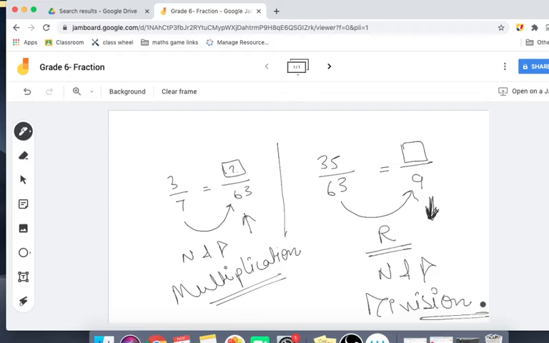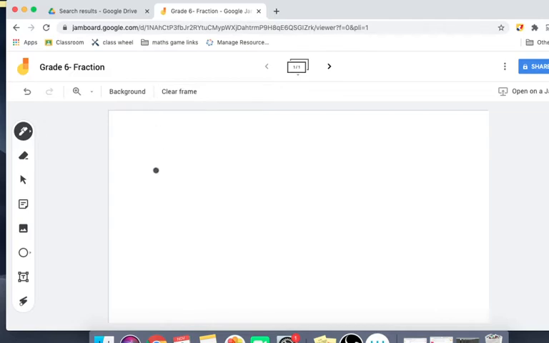Okay, I hope you have done it. So I am clearing the frame and we will go ahead with some examples. Let's start with a very easy example.